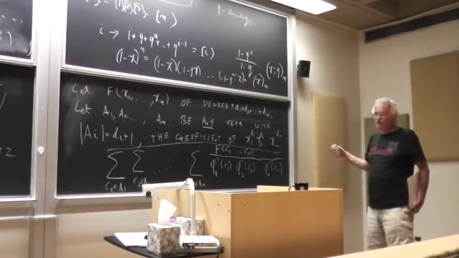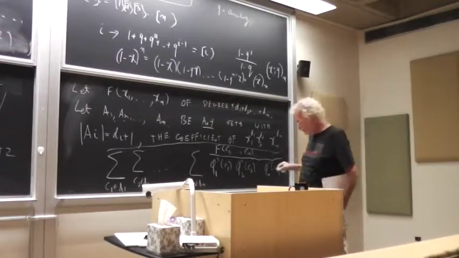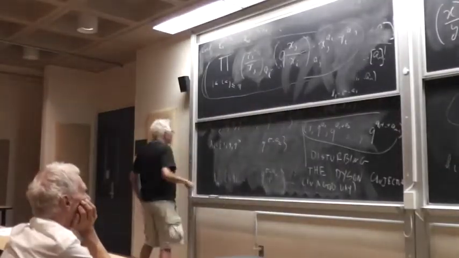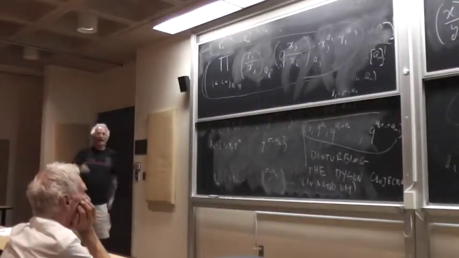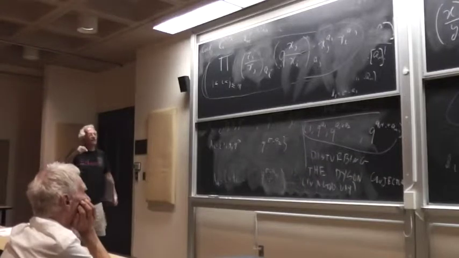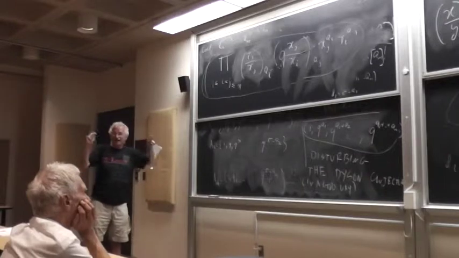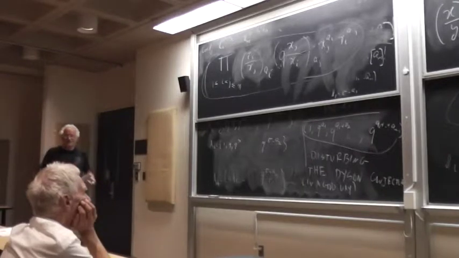In particular, we also have a conceptual human theorem that any coefficient of this famous q-Dyson product, not just the constant term, is a rational function times the q-multinomial coefficient. For the constant term, it happens to be 1, the rational function. But for other coefficients, it is some rational function.